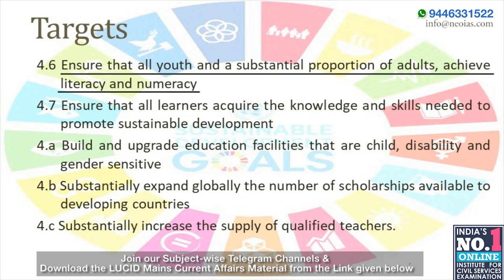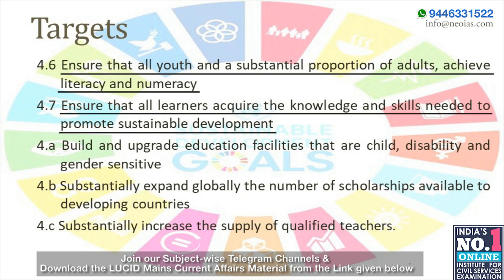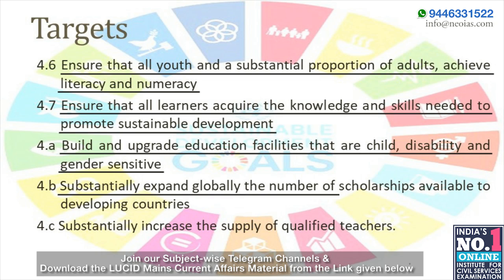Next is by 2030, ensure that all learners acquire the knowledge and skills needed to promote sustainable development. Also, there are 3 sub-targets and they are: first one is to build and upgrade education facilities that are child, disability and gender sensitive and provide safe, non-violent, inclusive and effective learning environments for all. Second is by 2020, substantially expand globally the number of scholarships available to developing countries.